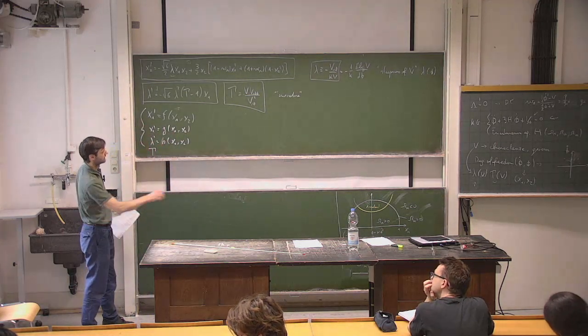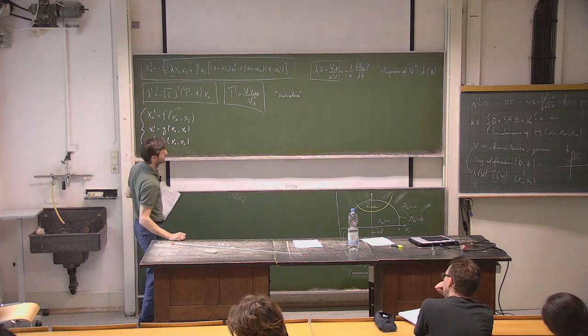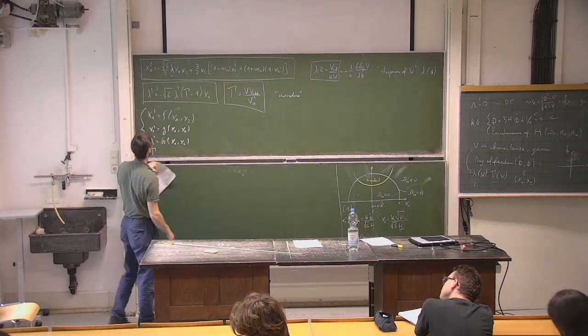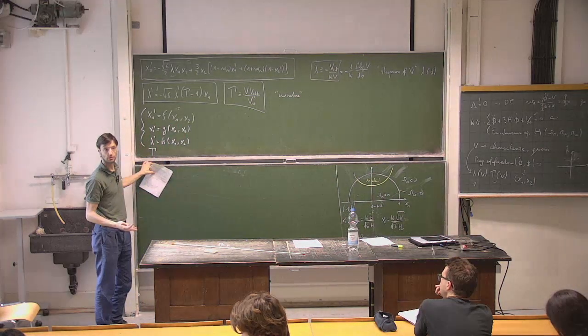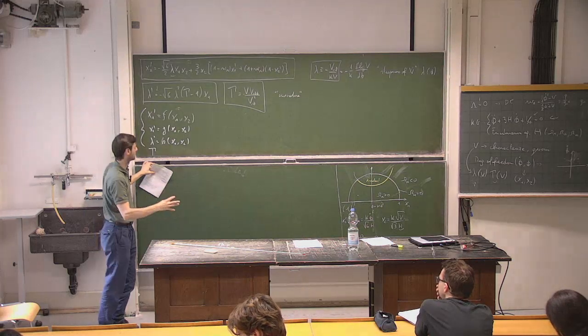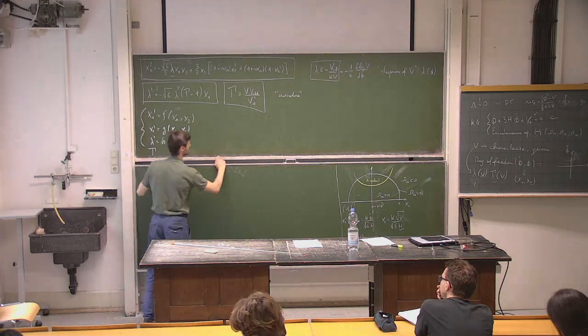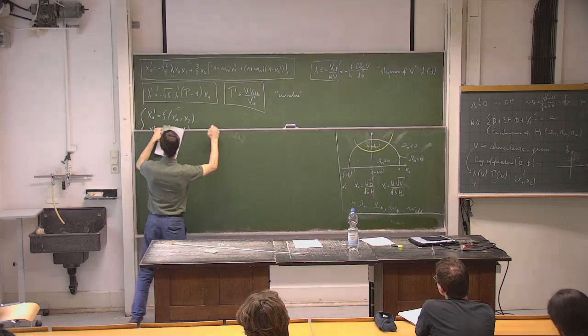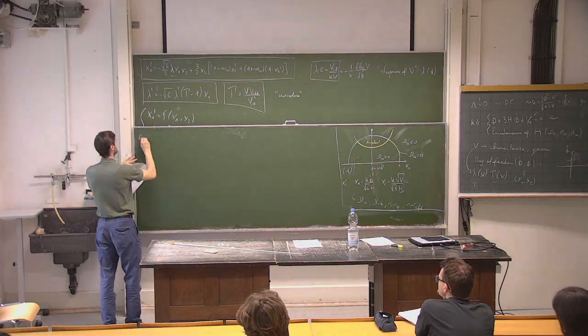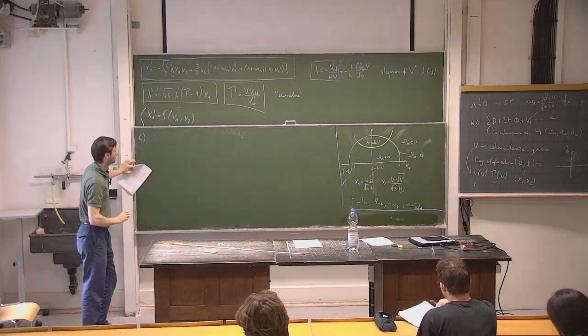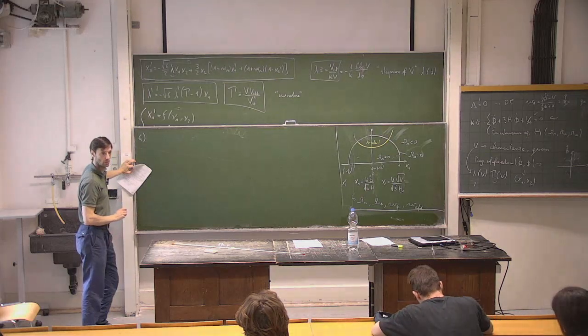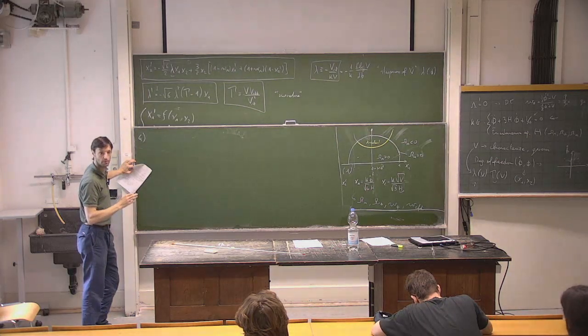Good, so that's what we have. We have our phase space, which is telling us a lot of stuff. Here we have our set of equations that, in principle, need to be solved numerically. We cannot do that, so what we are going to do now is find very special solutions. We are at step 4, where we identify the critical points.